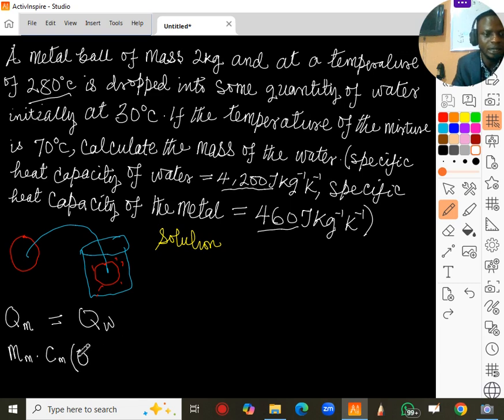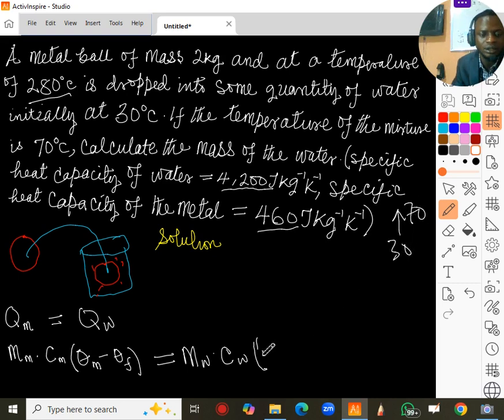So temperature of the metal ball down to the final temperature of the mixture. This must be equal to the heat gain by water, which is given by mass of water multiplied by the specific heat capacity of water, Cw, multiplied by temperature gradient of water from 30 up to 70. So that is theta final minus theta of water.